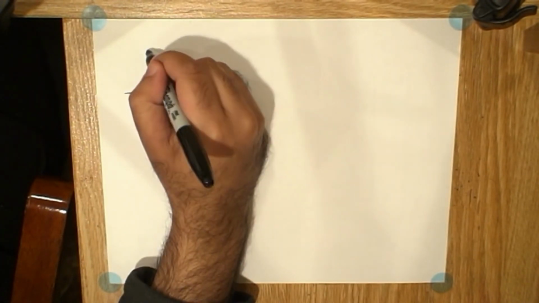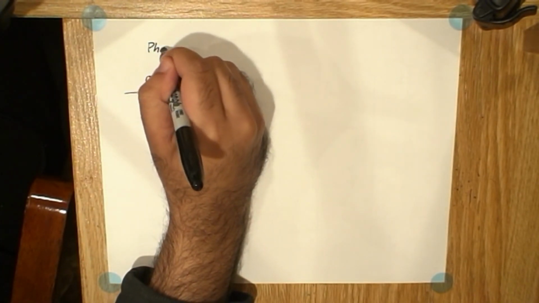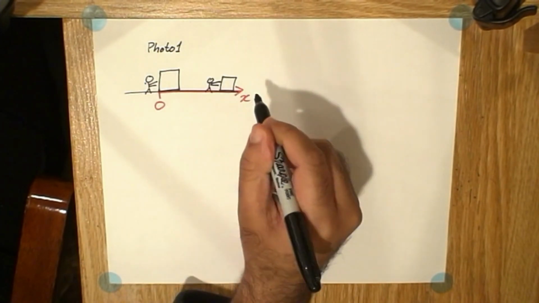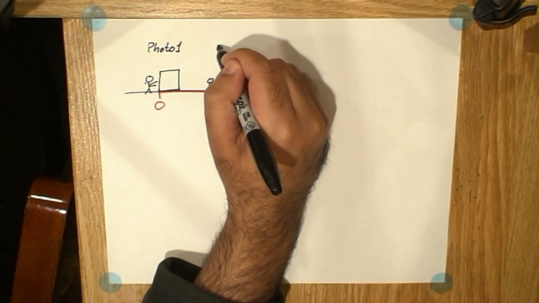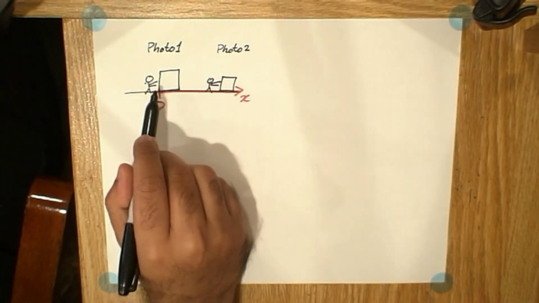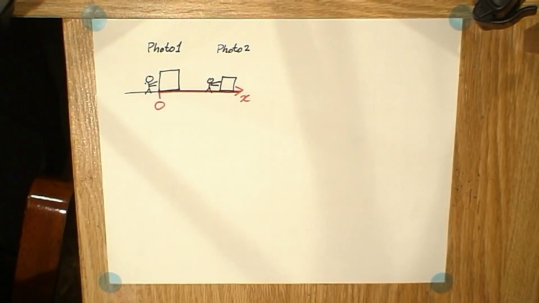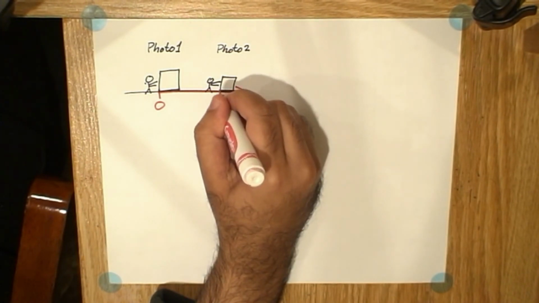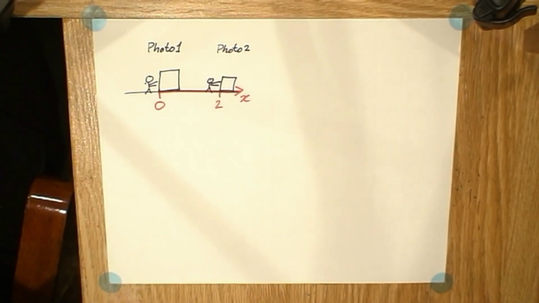This photo over here is photo 1. And this photo over here is photo 2. Between these two positions, the object has moved by 2 meters. We want to find out what is the work being performed on this object by you.